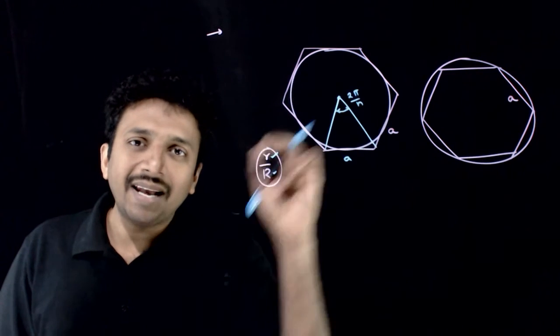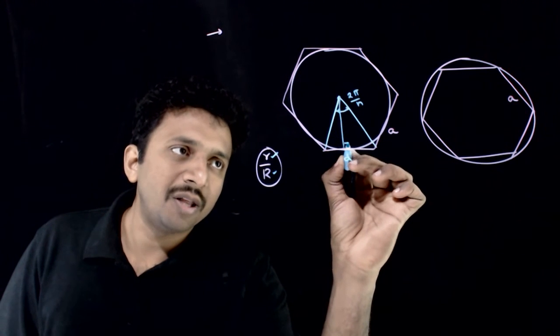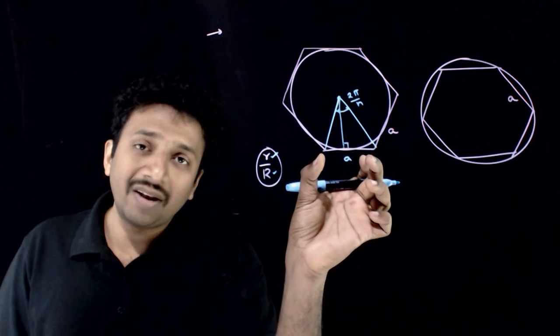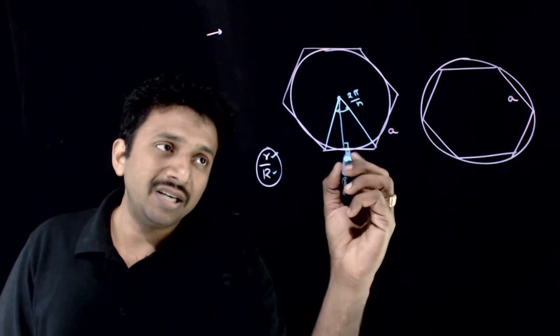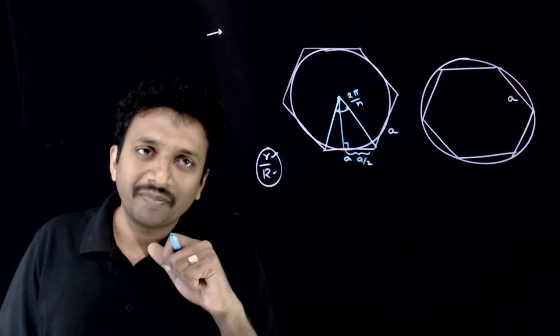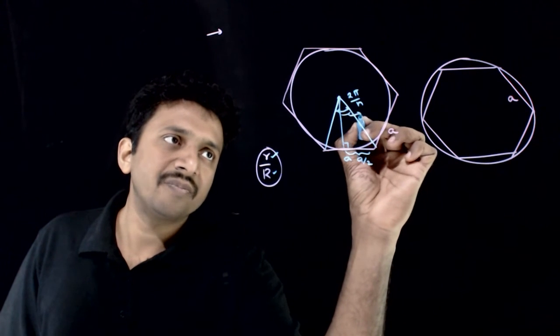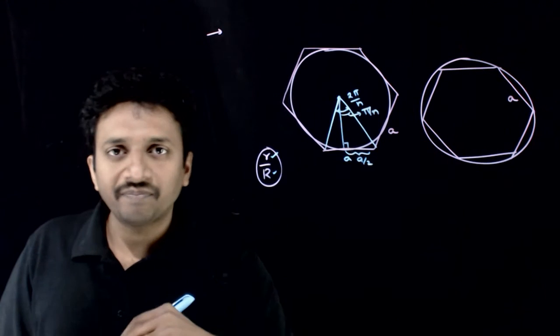Now if you draw the perpendicular here, by symmetry it will cut the side into two parts. This part will be a by 2 because it's an isosceles triangle, and this angle will be half of the angle, which is pi by n.